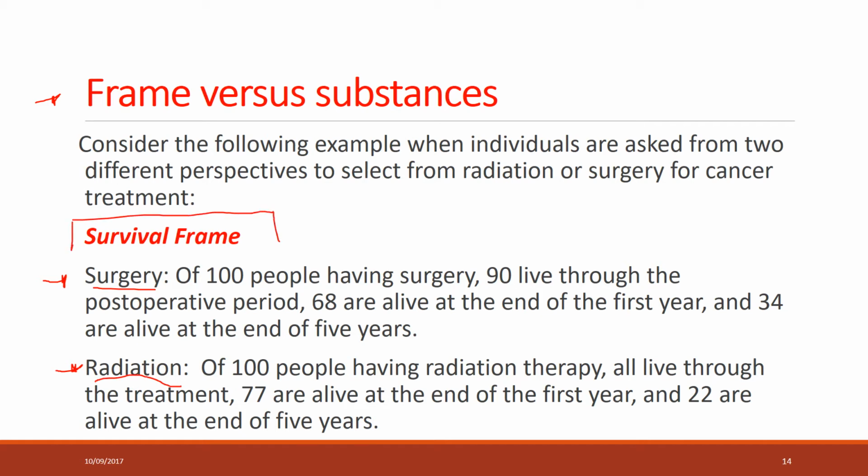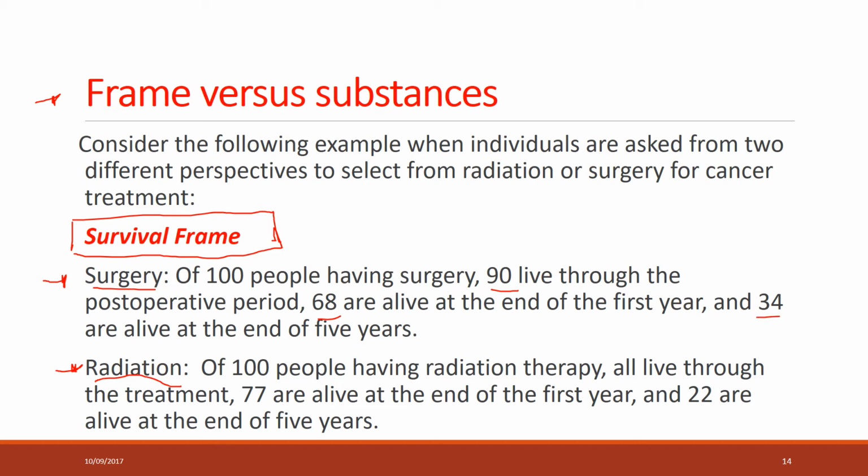So in the first framing, we frame the information so that it's about the survival rate of the two treatments, right? So with surgery, out of 100 people that have surgery, 90 people live through the post-operative period, so 90 people survive. 68 out of that 90 people are alive at the end of the first year.